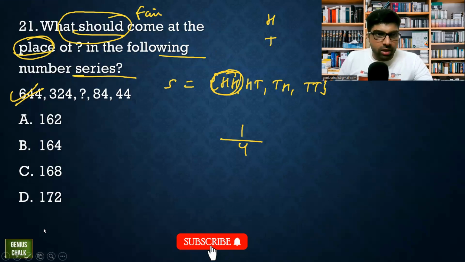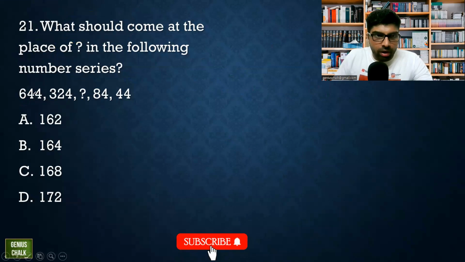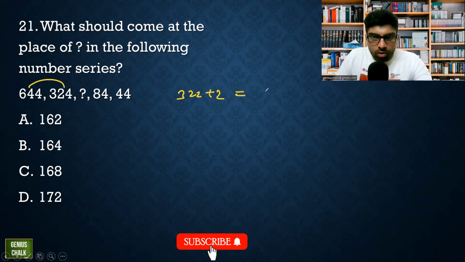What should come next in the series? If you observe the series, 644, if you divide this by 2, it will be 322, and then you add 2, it becomes 324. Similarly, if you divide 84 by 2, it is 42, plus 2. So the series is division and then addition of 2.